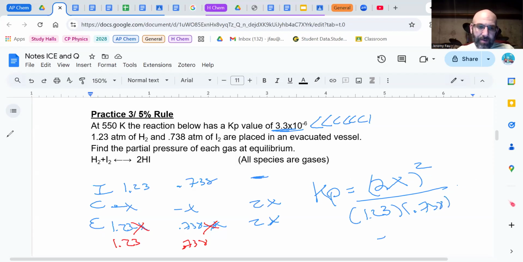Oh, and I totally forgot to write this. We know Kp. Kp is 3.3 times 10 to the negative 6. So we can bring everything over. We can multiply the denominator by the other side: 3.3 times 10 to the negative 6 times 1.23 times 0.738.